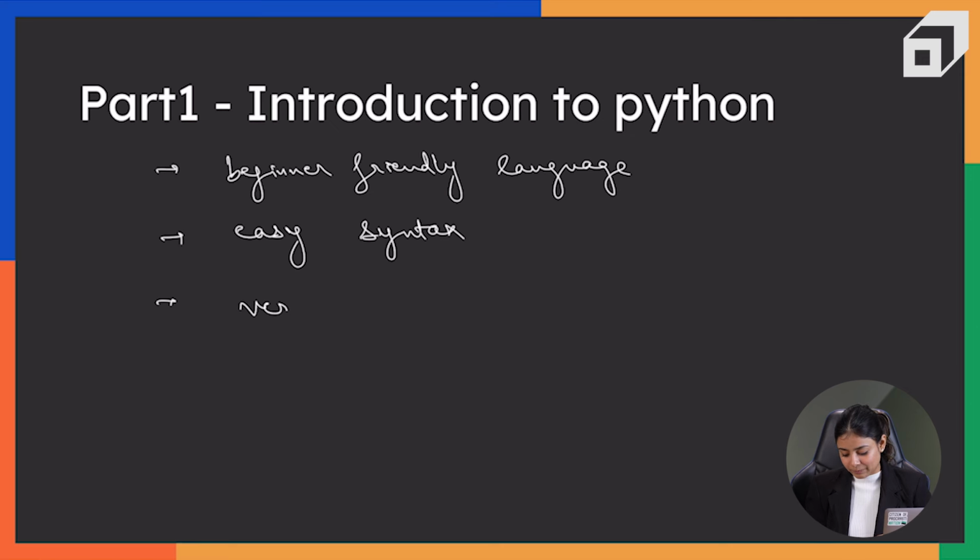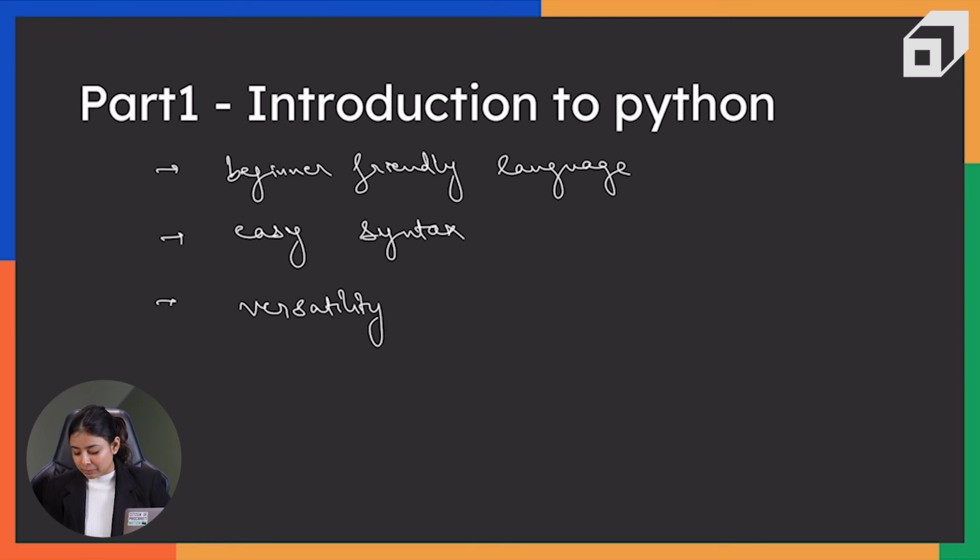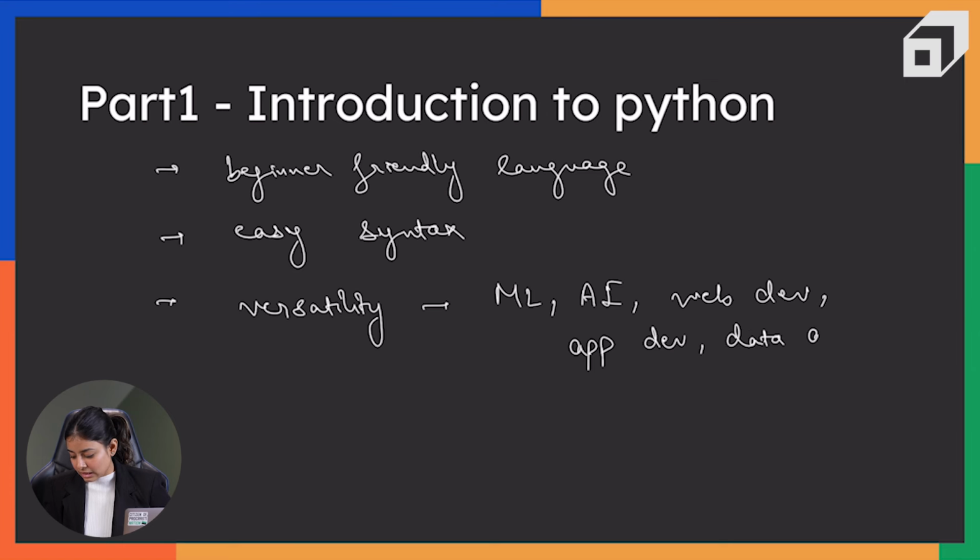But the major reason what makes this language so popularly used everywhere is its versatility. Now, Python has a number of inbuilt modules and libraries which enable us to use this language in multiple domains, be it ML, be it AI, be it web development, be it app development, be it data analyst, anything, multiple domains, even IoT, blockchain.